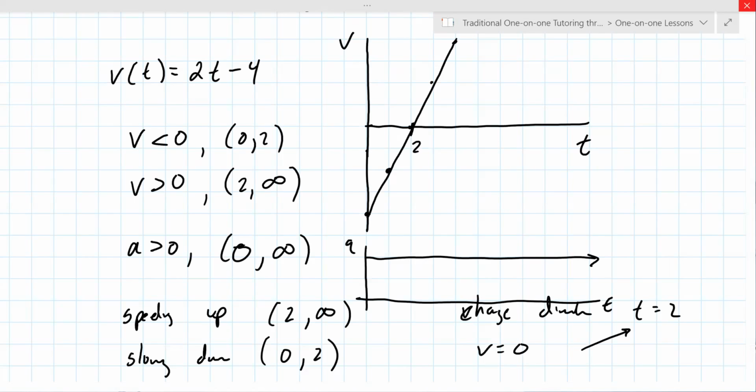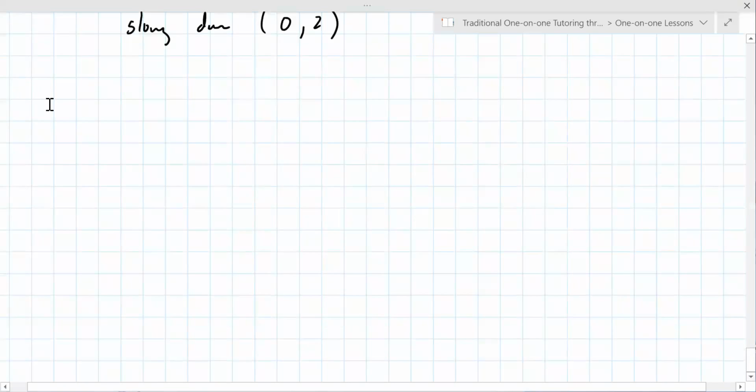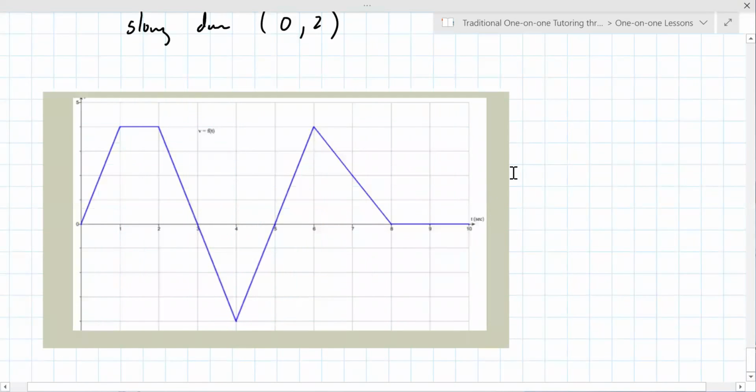Okay, the other graph is, well, here's a good one. So again, you're getting V of t this time.